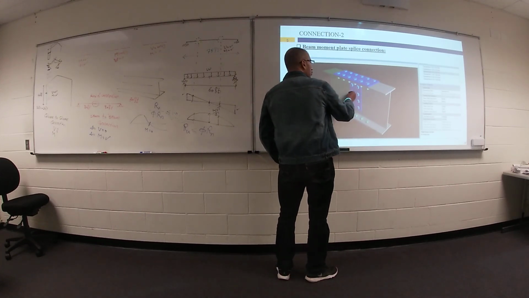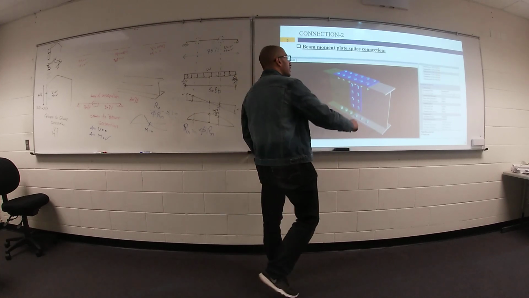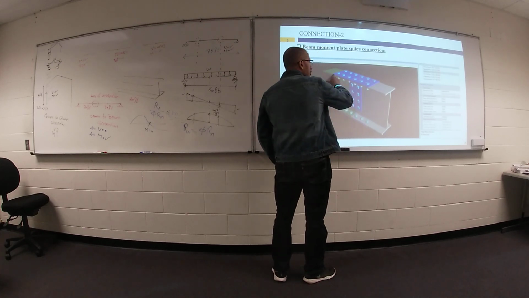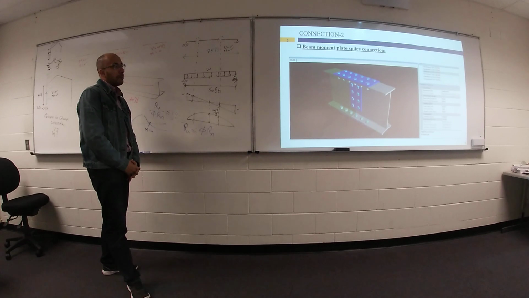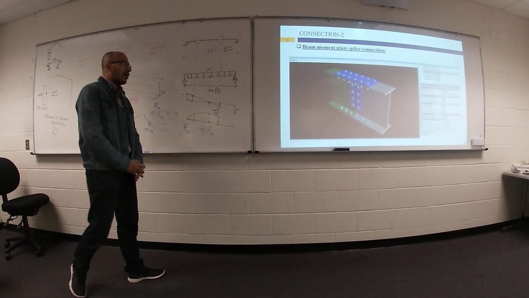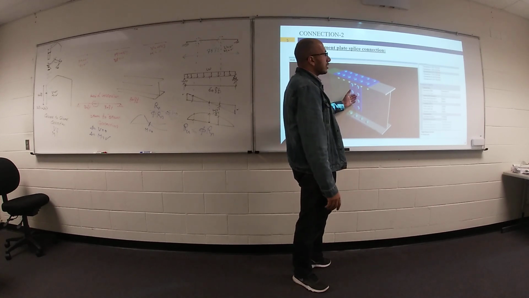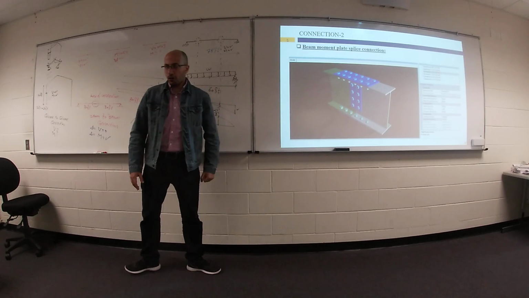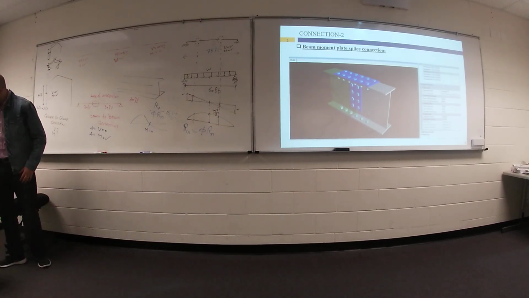Between your web and web, we have a plate to transfer shear. Between your flange and flange, we have a plate to transfer moment. This type of connection is more complicated: we need to figure out how many bolts at the top, how many at the bottom, and how many for shear. So once you select your cross section and your type of connection, you can define what you want.